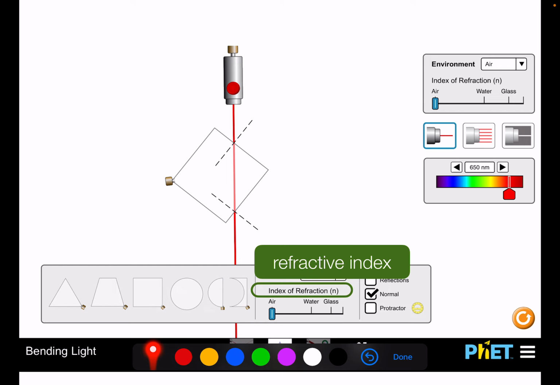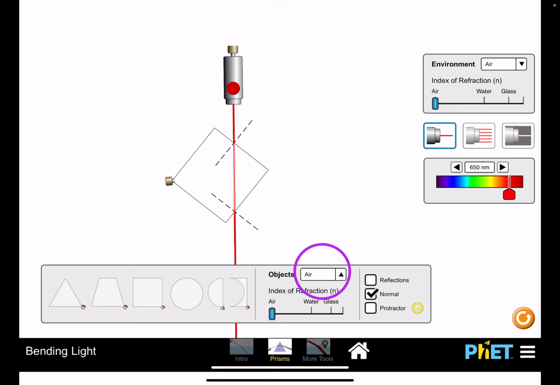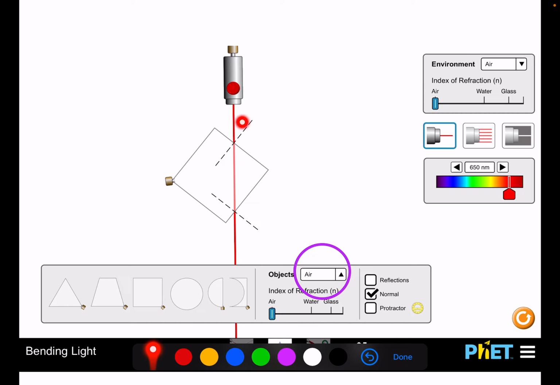Okay, these dashed lines represent the normal between the first medium, air, and the second medium in this box here. In the first example, we have light going from air into this box, which is represented by air, and out to air again.